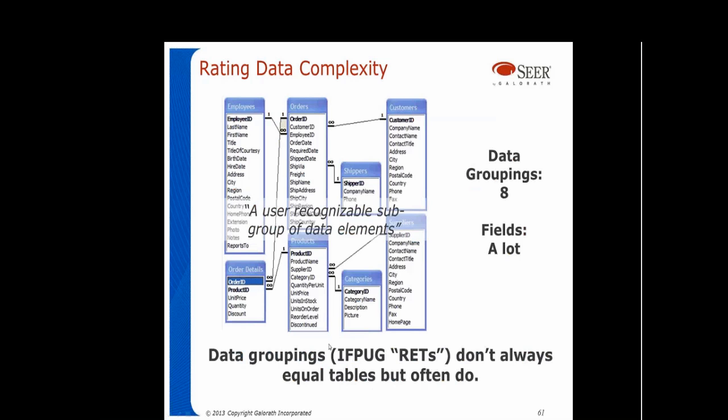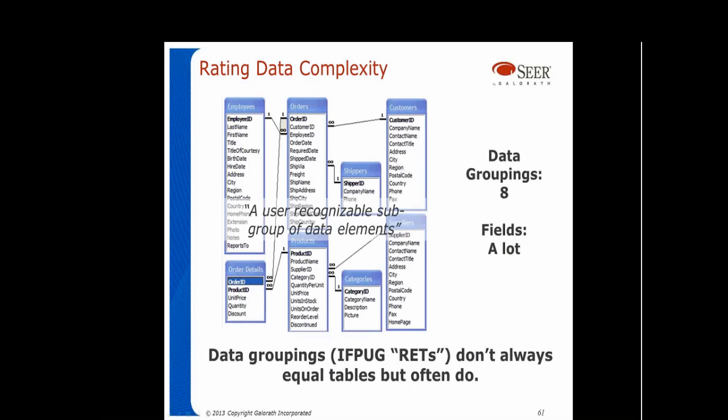In this case, I think it's pretty easy to count the fields. Count all the fields in this table, add them up. That's the number of fields. The tricky part is figuring out how many categories the fields go into. Well, in this schema here, the work has pretty much been done for us.